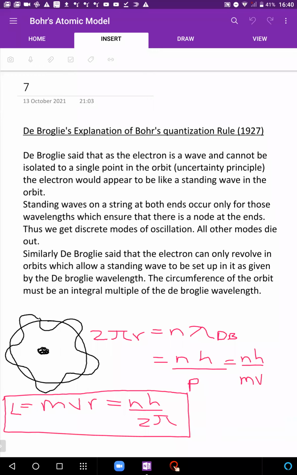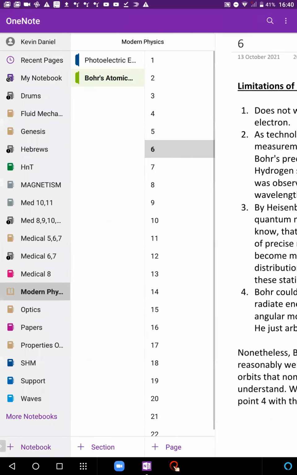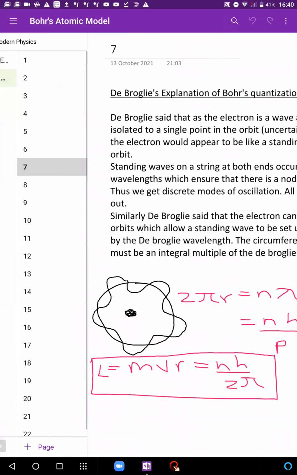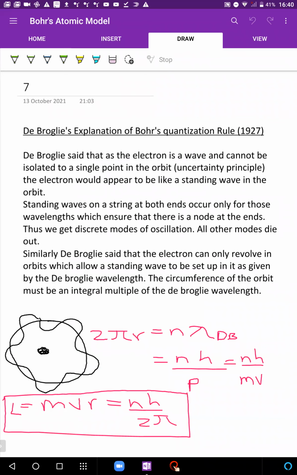So, de Broglie's explanation of Bohr's quantization rule. This is 1927, around the time of Heisenberg's uncertainty principle, and several years after Bohr's atomic model. This is how de Broglie explains it. He says that an electron is a wave, and it cannot be isolated to a single point in the orbit, because that's a violation of the uncertainty principle.